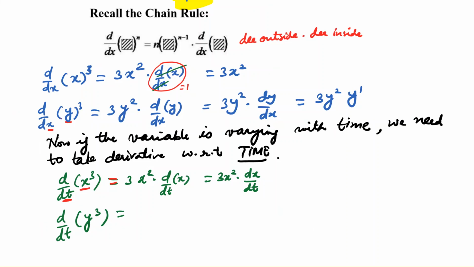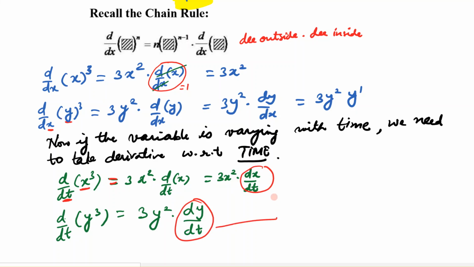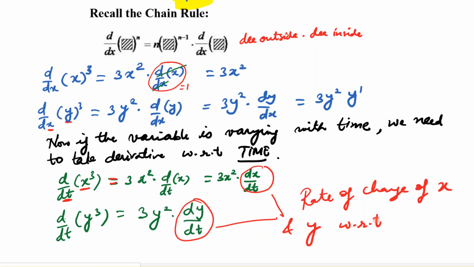Similarly, if we want to take the derivative of y cubed with respect to t, it would be 3y squared, and by chain rule, dy over dt. So we have 3y squared dy over dt. We notice that we had dx over dt in the previous case and dy over dt in this example. These are both rates of change of x and y with respect to time, so how these variables are changing with respect to time.